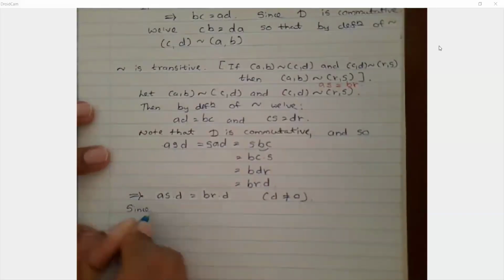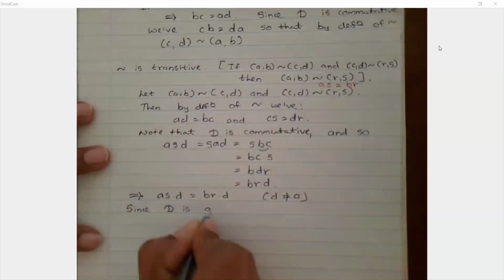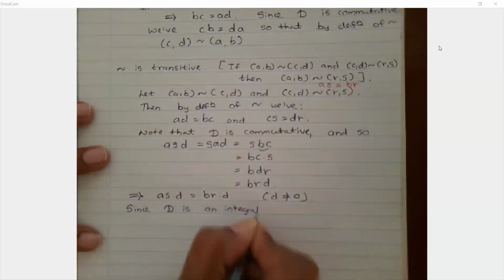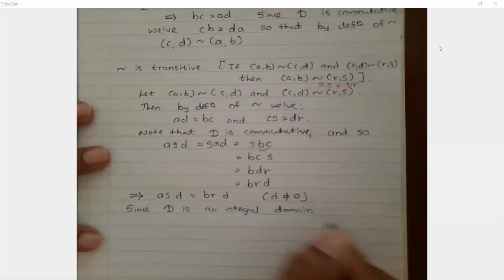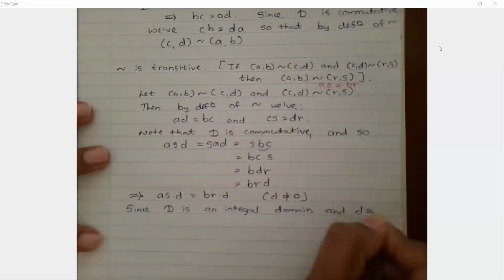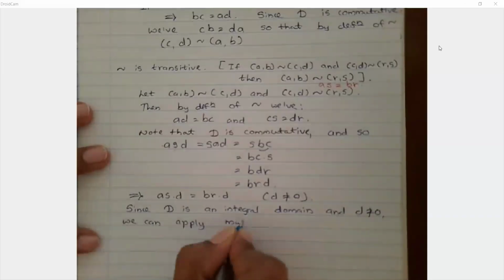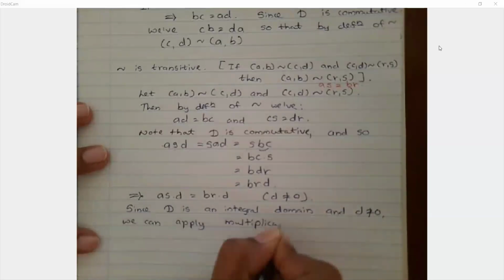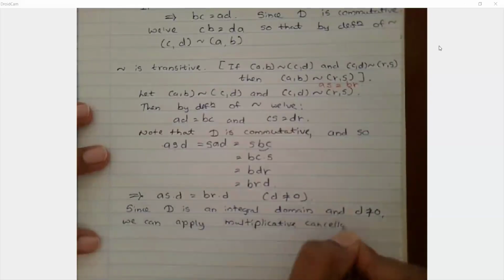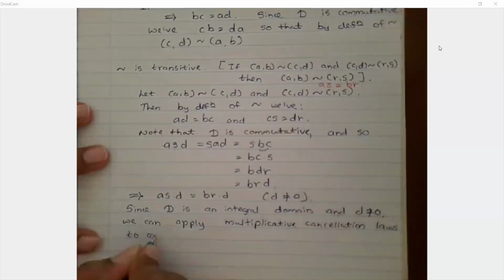Since capital D is an integral domain and D is non-zero, we can apply multiplicative cancellation laws to cancel out D so that we get AS equal to BR.